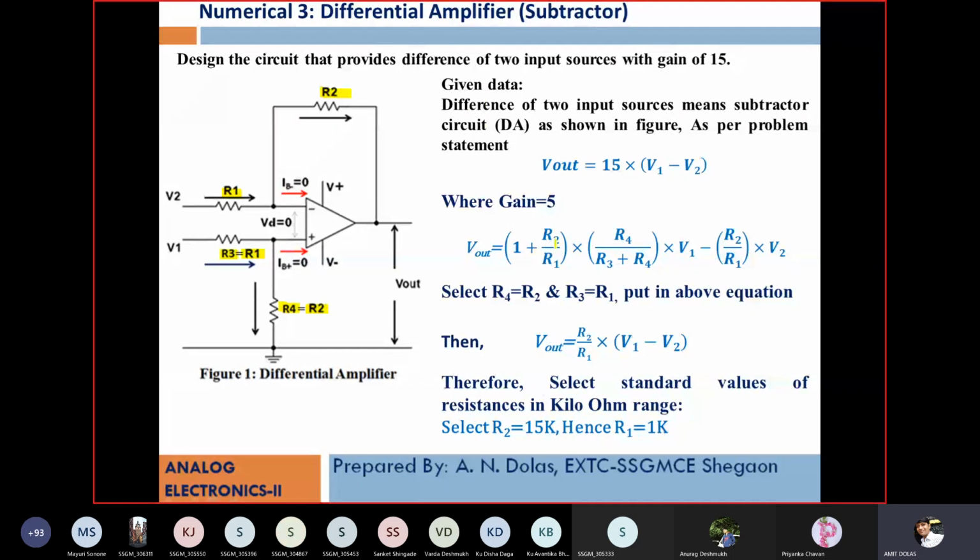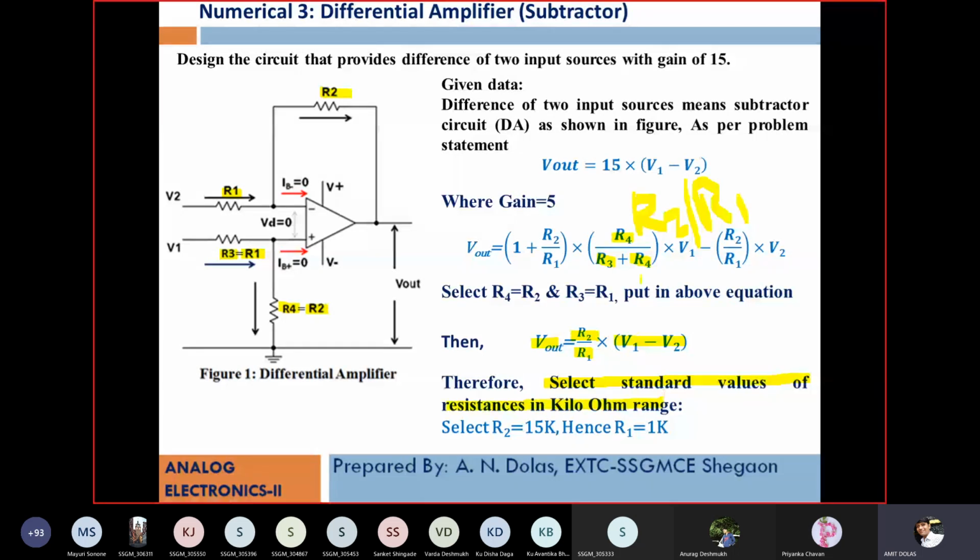Once we put this into the formula, say R2 in place of R4 and R1 in place of R3, still you get R2 by R1 for V1 and R2 by R1 for V2. Taking it common, in the bracket it remains V1 minus V2. So V out will be equal to R2 by R1, very simple problem, 6 to 7 marks, into V1 minus V2.